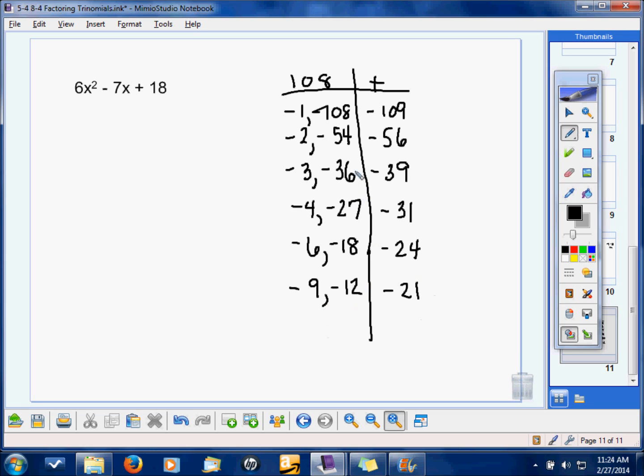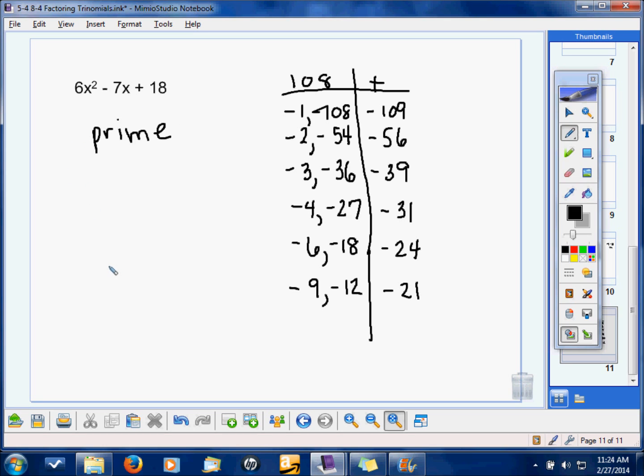So if you tried all the possibilities, then that means that the thing is prime. So in other words, it's already factored. There's nothing more you can do with this one. There's nothing in common. You tried every single possibility. It can't be factored. So it's already factored as is, we call that prime.